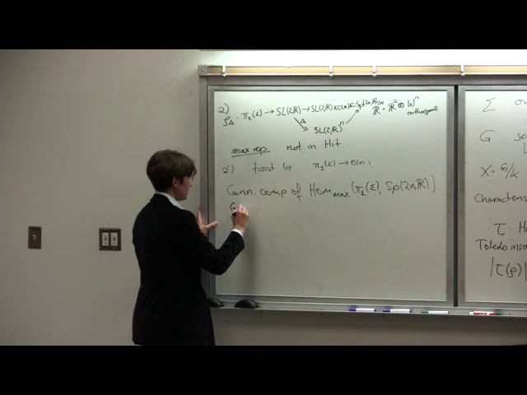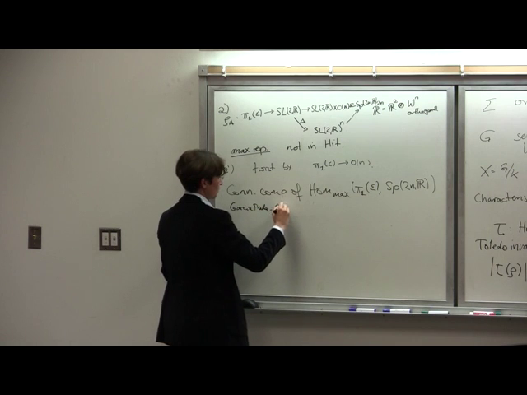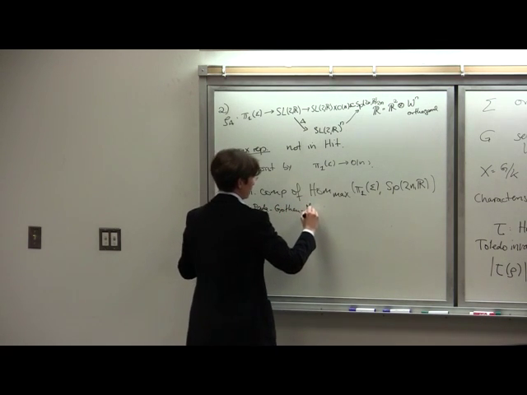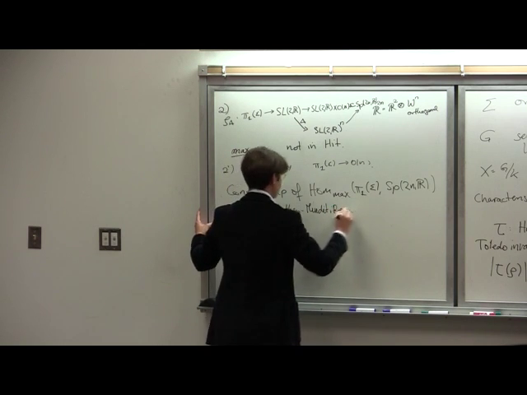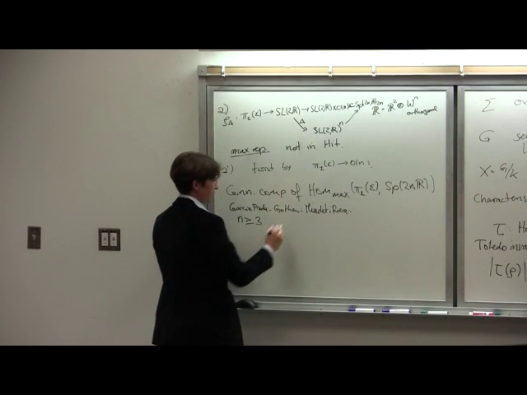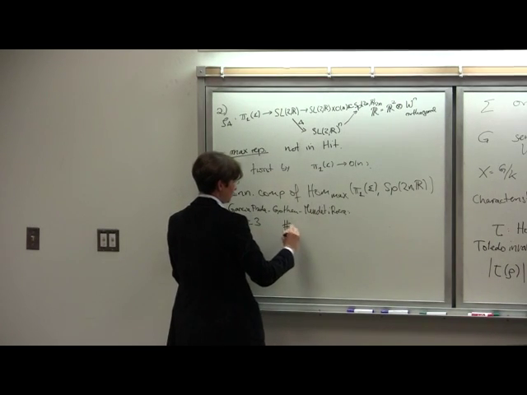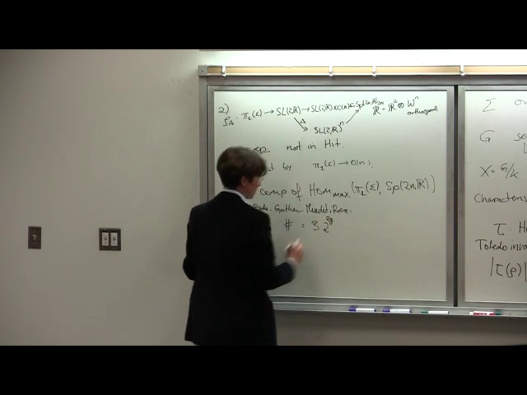There's a paper of Garcia-Prada, Gothen, and Mundet i Riera, who show that if n is bigger or equal than 3, then the number of connected components is 3 times 2 to the 2g.